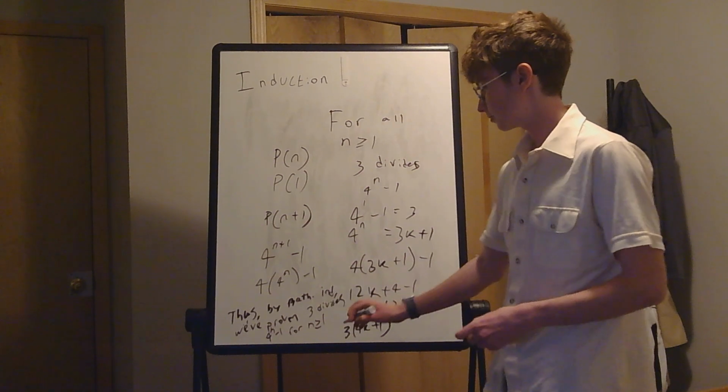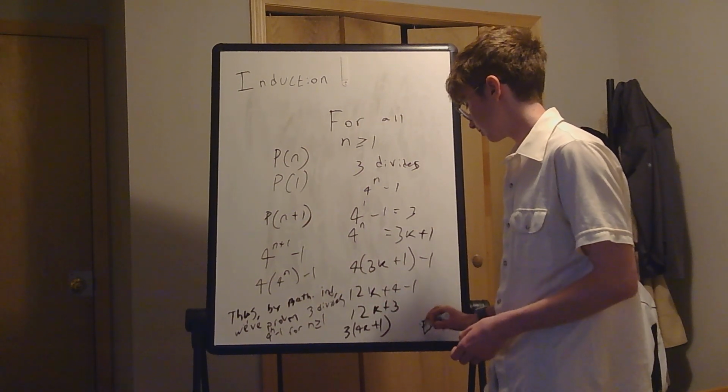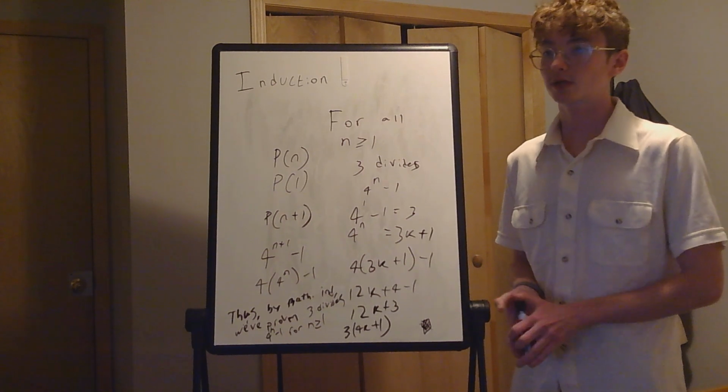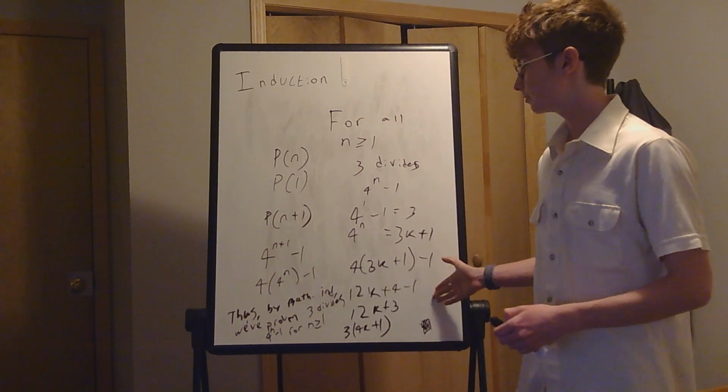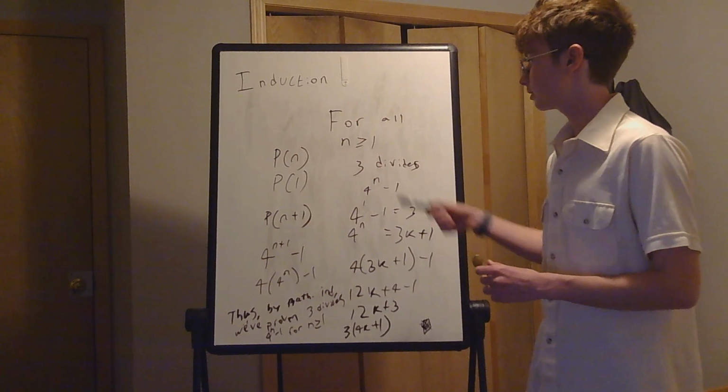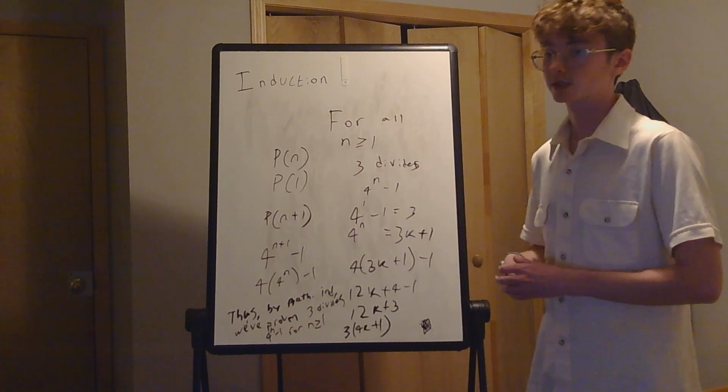And then our proof has been solved, and we have correctly proven through mathematical induction that for all n greater than or equal to 1, 3 divides 4^n - 1.